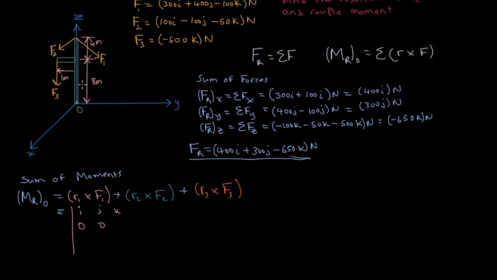But it does have a k component. And as you can see here, it's 8 meters, and then plus this 4 meters here. And 8 plus 4 is 12, so we would get 12. And then how about F1? Well, we know that F1 is equal to 300i plus 400j minus 100k.